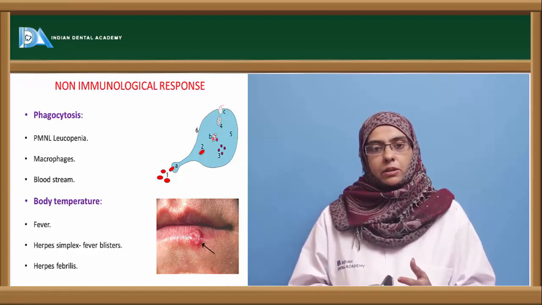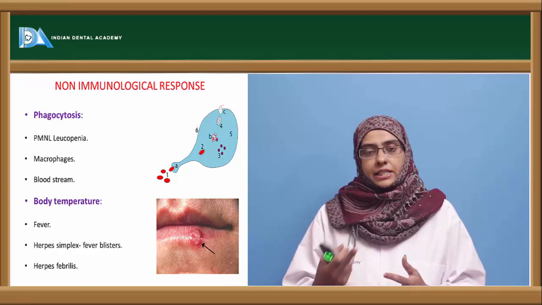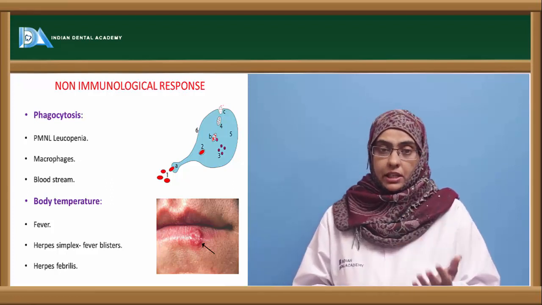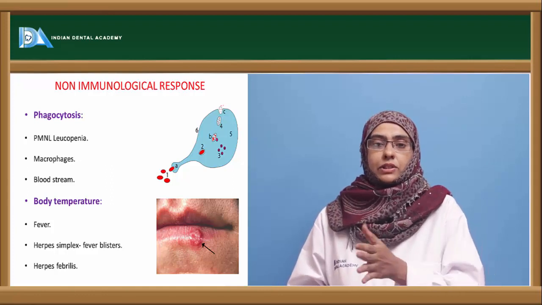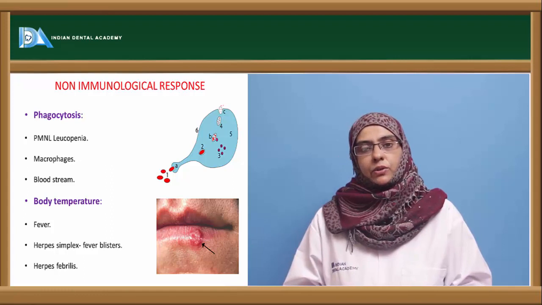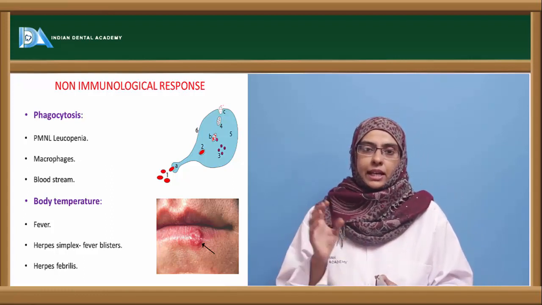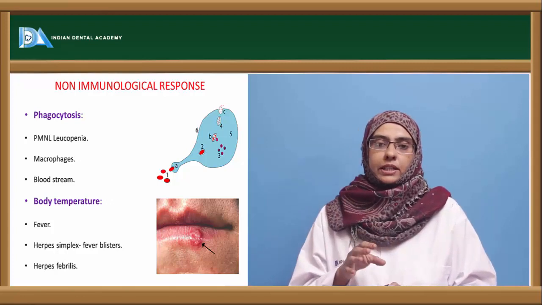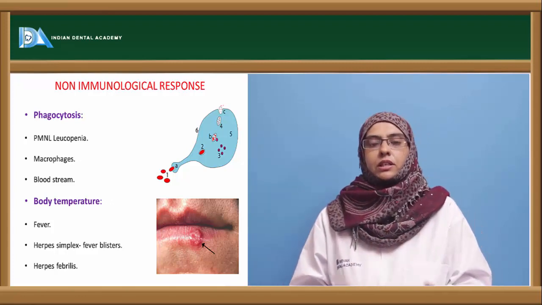The polymorphonuclear leukocytes do not give a protective role against viral infections; in contrast, there is a decrease in the PMNLs, called leukopenia, during the viral infection. The only cells effective against the viruses are the macrophages, which have the ability to catch the viruses present in the bloodstream and phagocytose them.